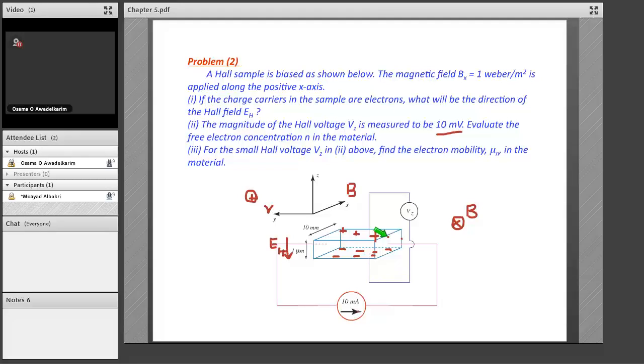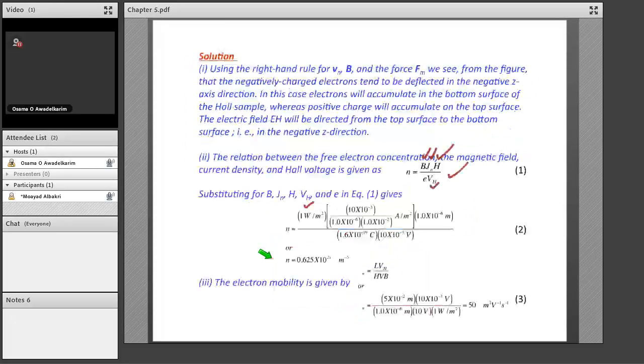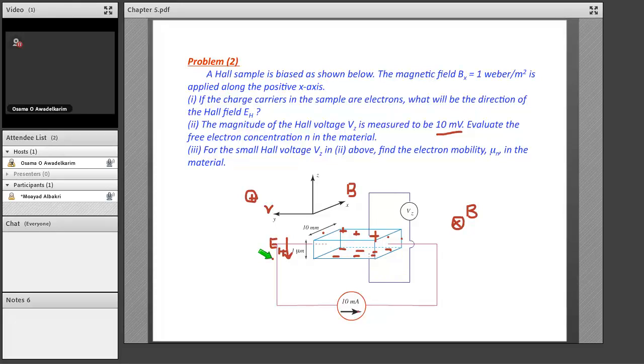And we have the dimensions here, 10 millimeter, and what's this other one? 10 millimeter, and this one, I can't clearly see it, but you can see it here. 10 millimeter and 1 micrometer. So this is 1 micrometer, this is 10 millimeter, so we can get this area.